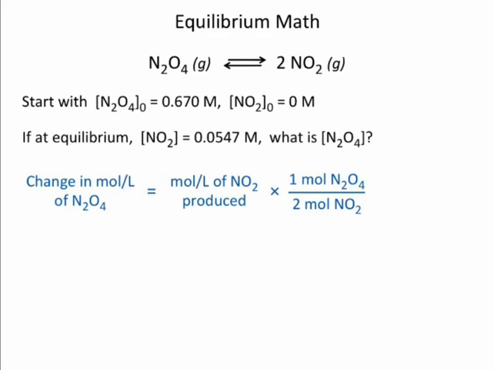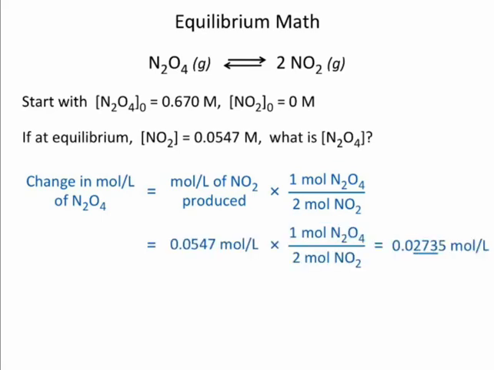So whatever amount of NO2 you make, you have to divide that by 2 to figure out how much N2O4 you reacted away. Here's how much NO2 we made, and then we use the stoichiometry to find how much N2O4 had to react in order for this to happen. And then we get a number. So 0.02735 is how much N2O4 reacted away.